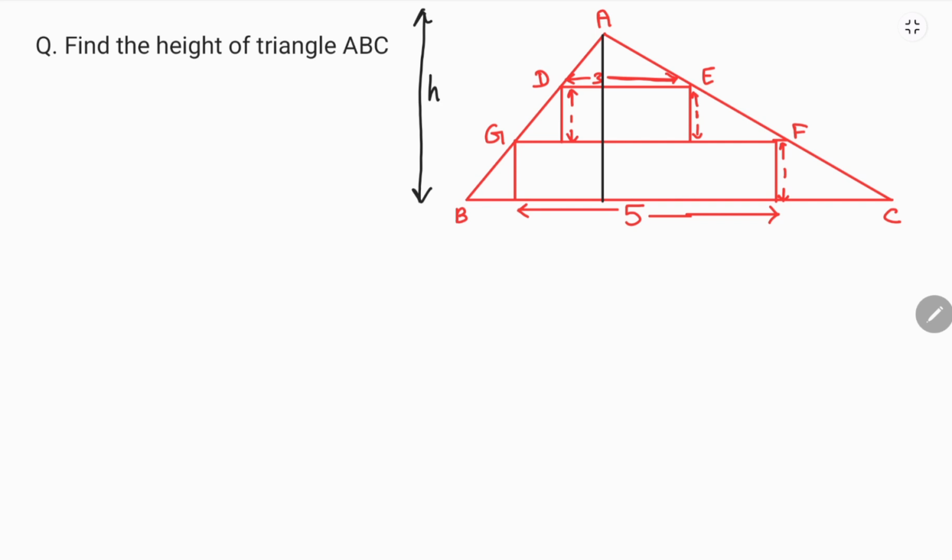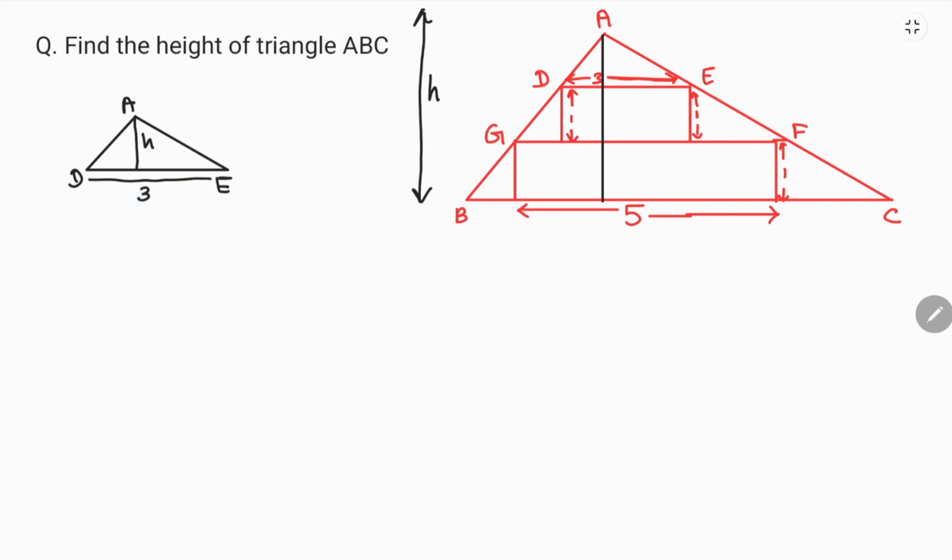If we look at this triangle, I will first write only the first triangle ADE. If I say this is height H of this triangle ADE, and the base is 3.